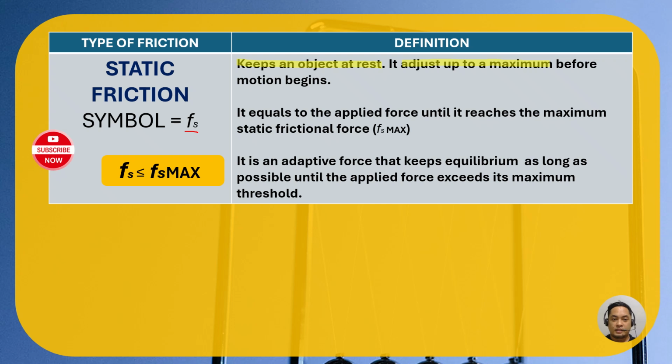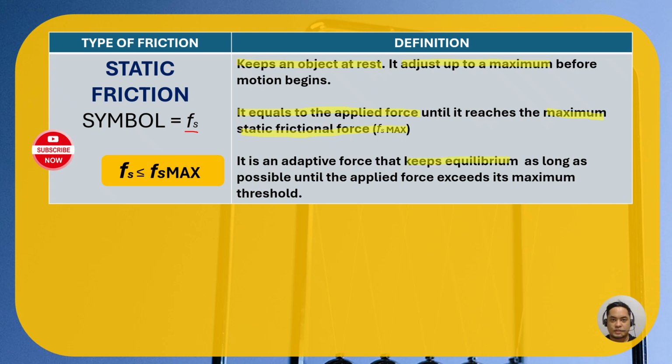It always equals the applied force, until it reaches the maximum static frictional force, or the Fs max, the static force maximum. It keeps the object in equilibrium.